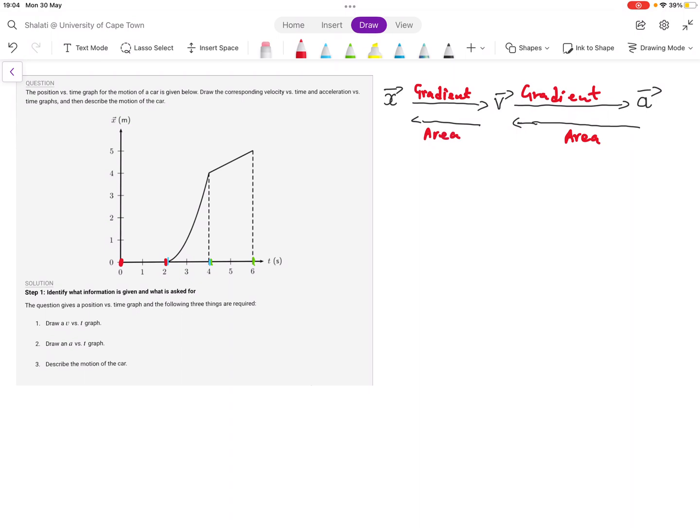So now let's look at this graph here. I'm just trying to draw a velocity time graph from this position time graph that I'm already given, and I've already divided it into subsections. So I'm just gonna put a drawing here.